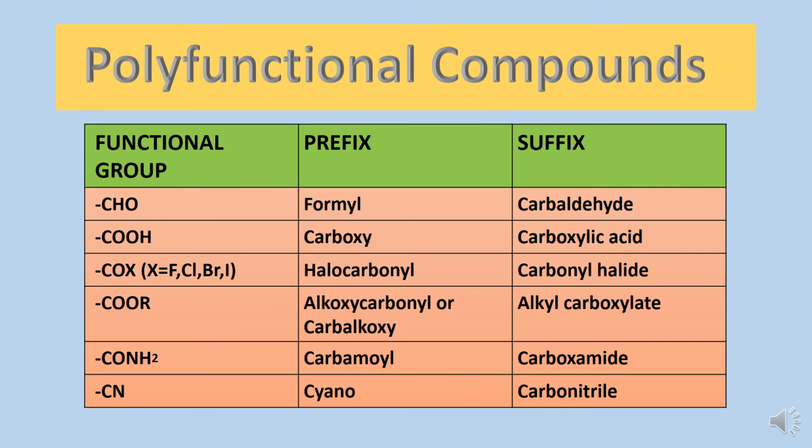For carboxylic acid, it will be carboxylic acid. For acid halides, it will be carbonyl halide. For esters, it will be alkyl carboxylate. For amide group, it will be carboxamide. And for cyanide group, it is carbonitrile. So these suffixes are to be used when we cannot include any of these functional groups having a carbon atom in the parent chain, and that particular functional group is present in the form of a principal functional group.